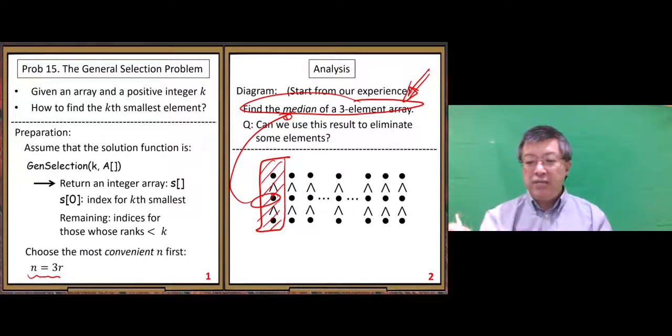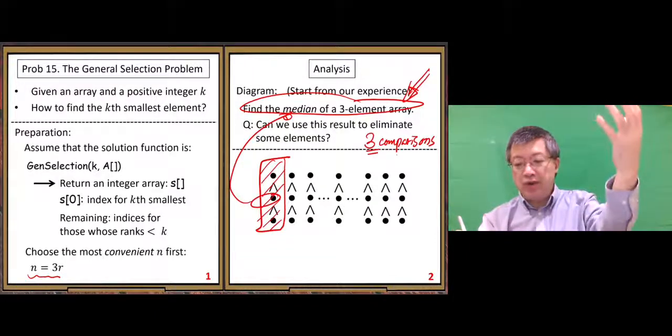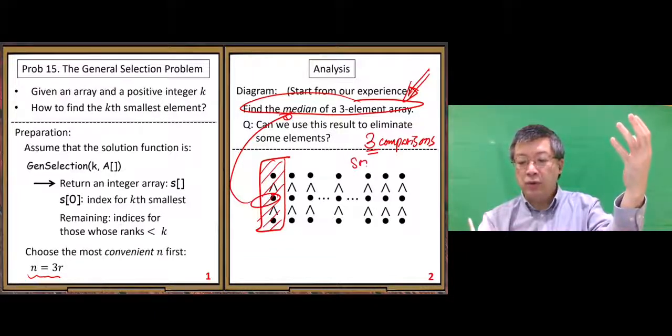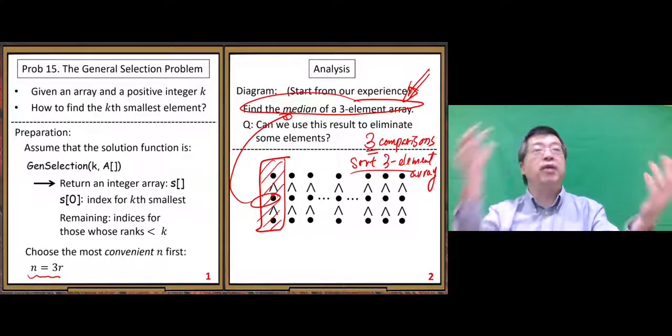In order to find the median, we need 3 comparisons. That's the same number of comparisons we need to sort a 3-element array. To sort any 3-element array, we also need 3 comparisons.